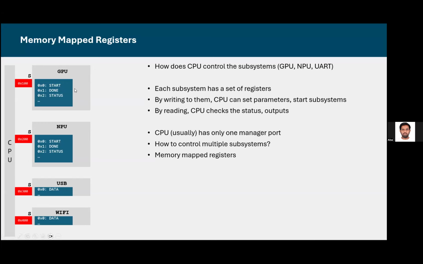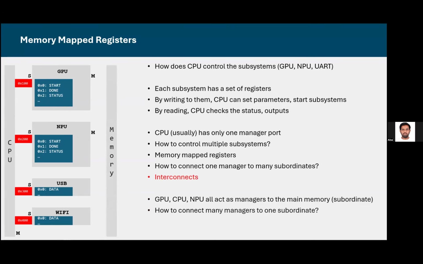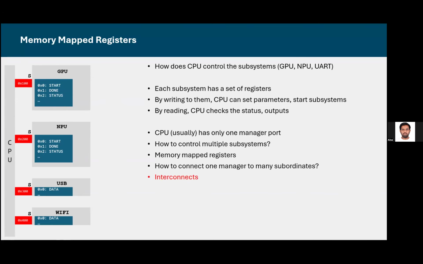Inside each of your GPU, NPU, USB or whatever, you have a few registers, 0, 1, 2, small registers with small addresses. Now they get mapped to this big address space through the interconnects.